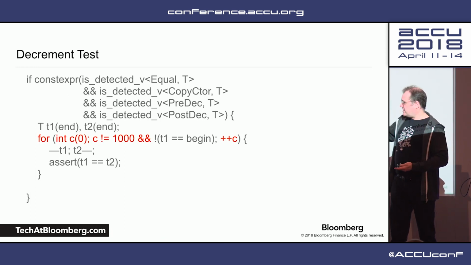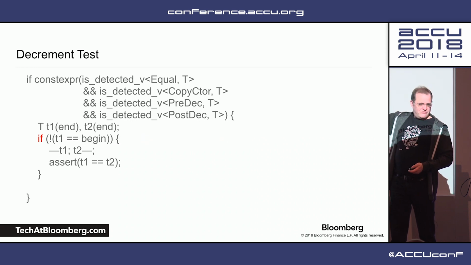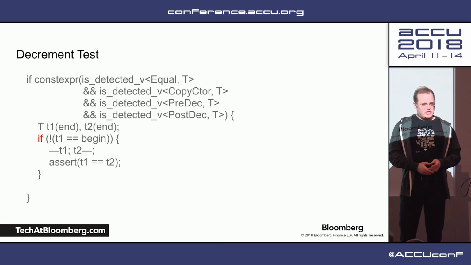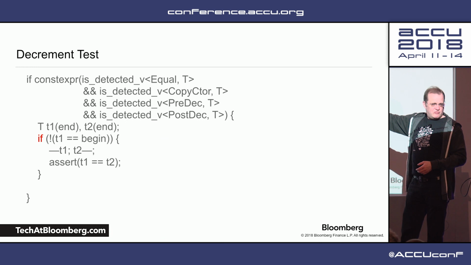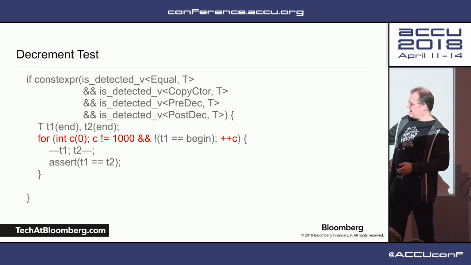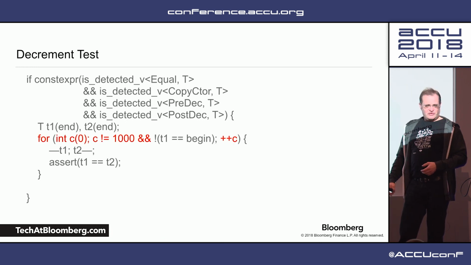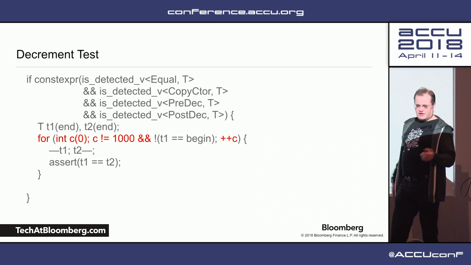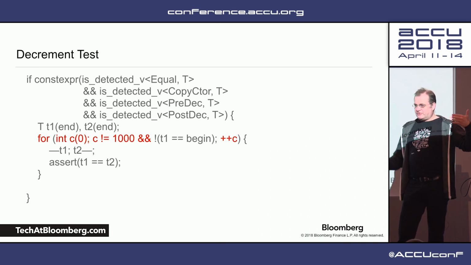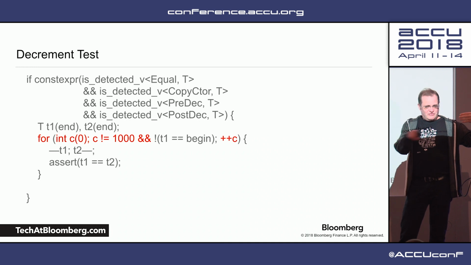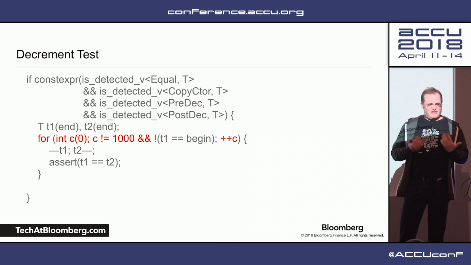Because the previous test, if I implement minus minus in both cases to just do nothing, then return the correct object, this test passes. But we could actually do somewhat better and say, well, let's try to increment, or in this case, decrement up to 1,000 times. If I then have reached the begin, I'm okay. Otherwise, probably nothing happened.